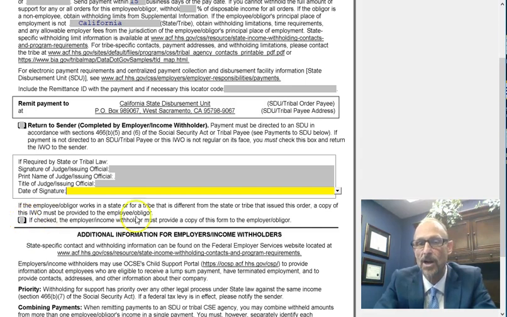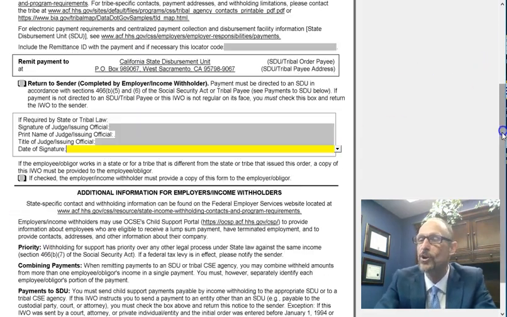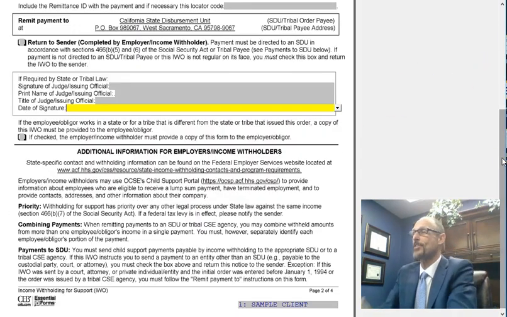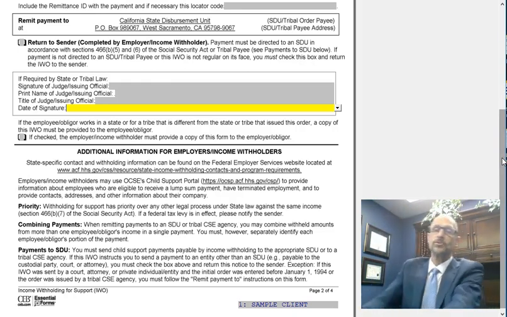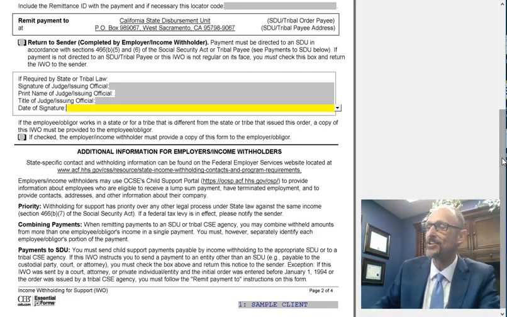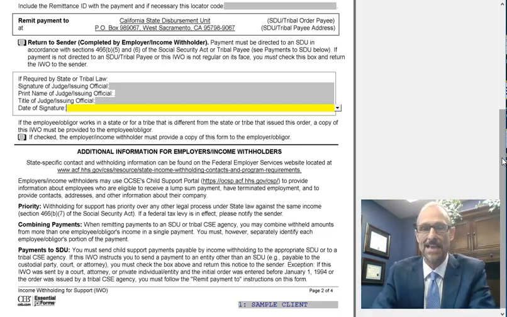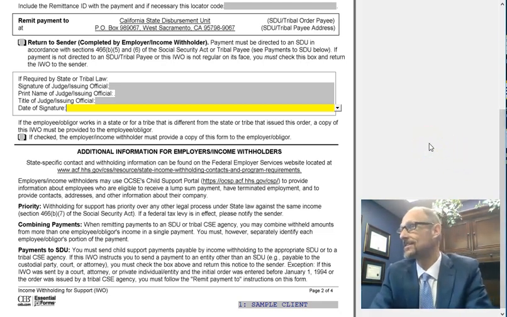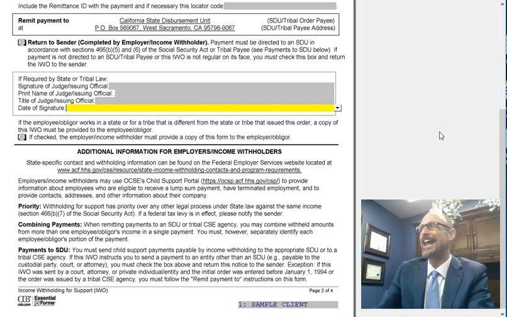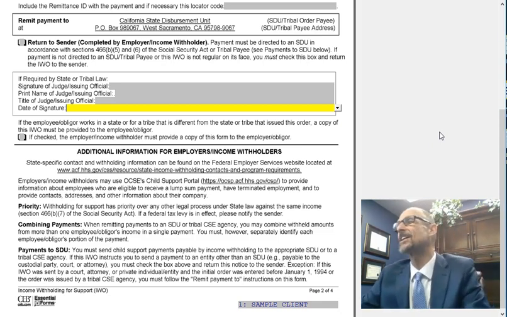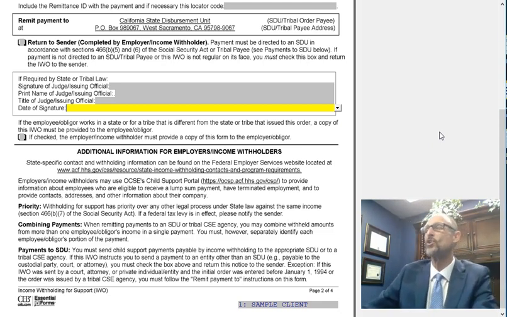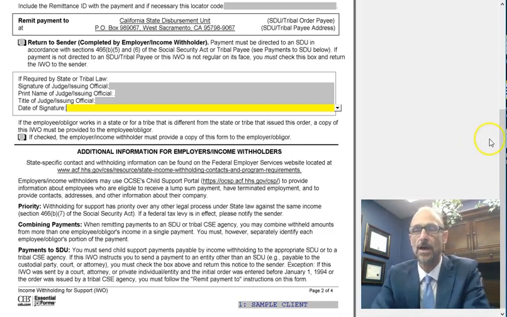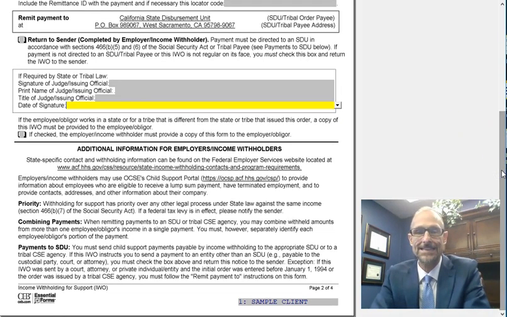Then they're going to mark this box. You need to send this to the employer. Then you're going to get this order back from the court. Once you get it back from the court, then you send it to the employer. And then the employer has 15 days, or in California, they need to start collecting from the next full pay period and send it to you.